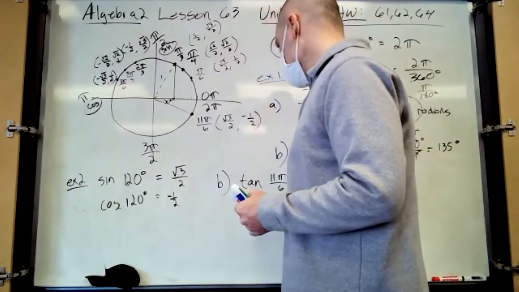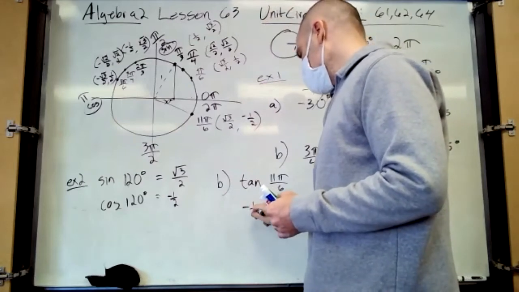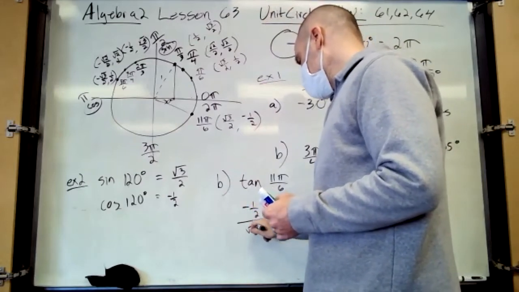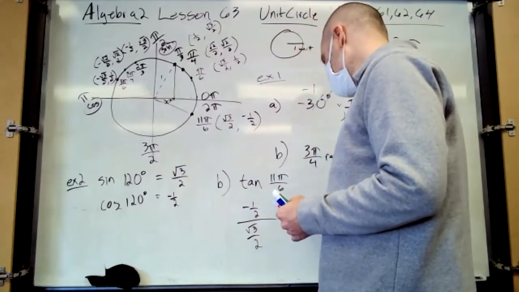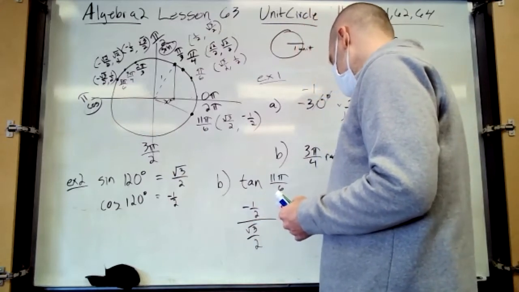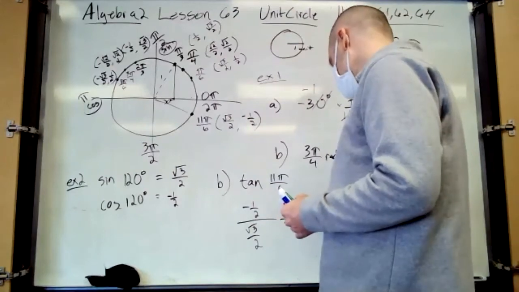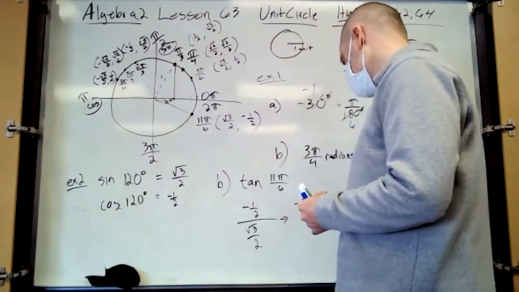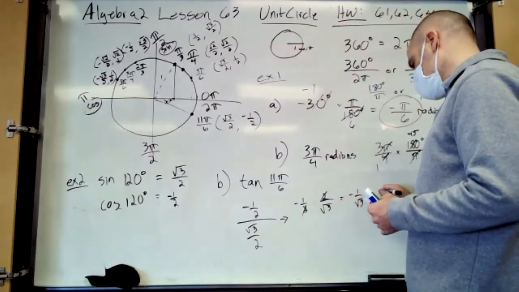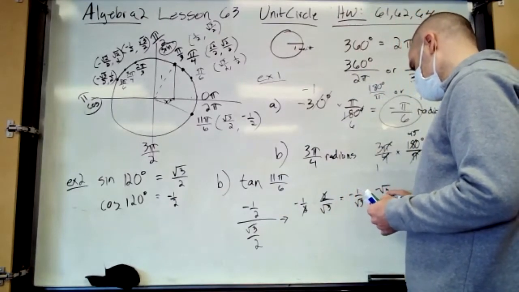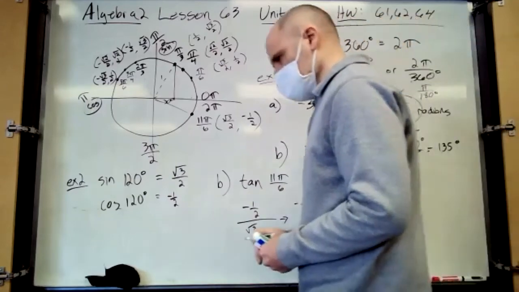So what do you do? You divide negative 1/2 over radical 3 over 2, which is just negative 1/2, copy dot flop. And then that. So it's negative 1 over radical 3, which is just negative radical 3 over 3.